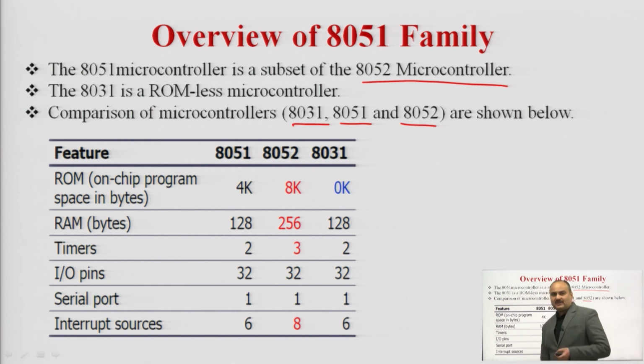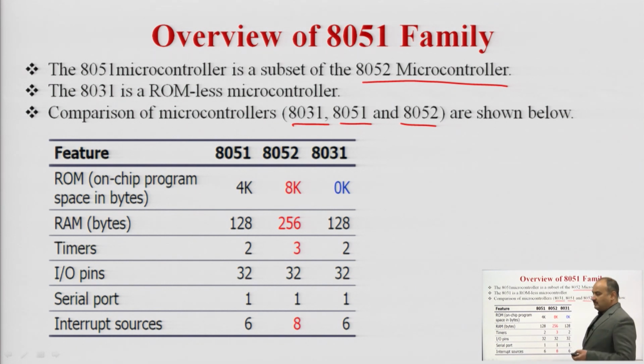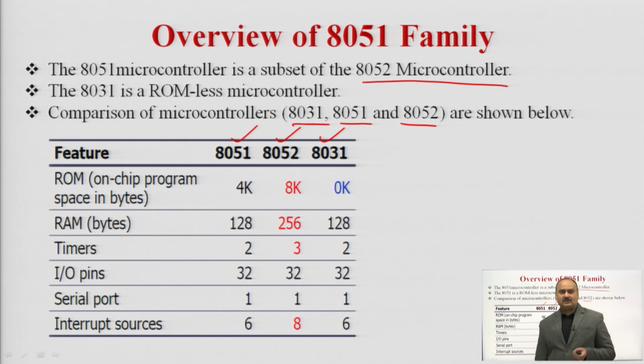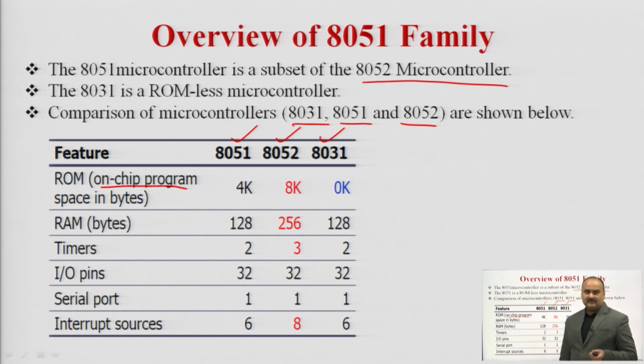This table shows the comparison of these microcontrollers, which all belong to the MCS 51 family. The first feature is the ROM, the read only memory, which is the on chip program space memory in bytes.